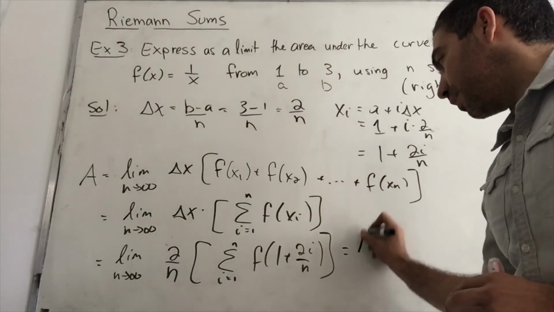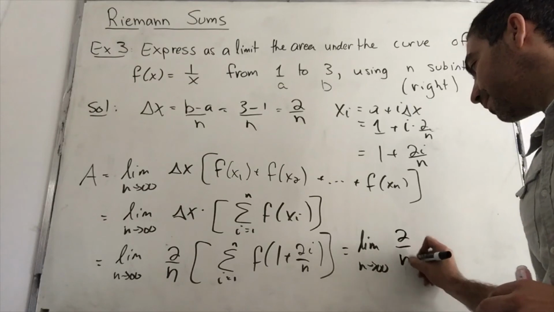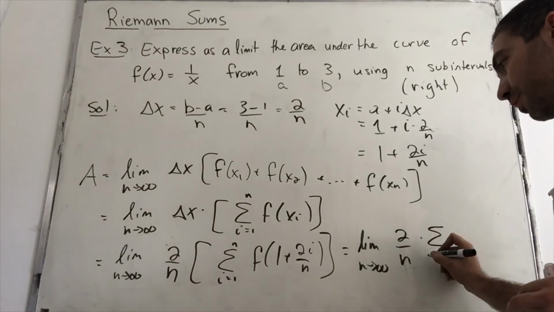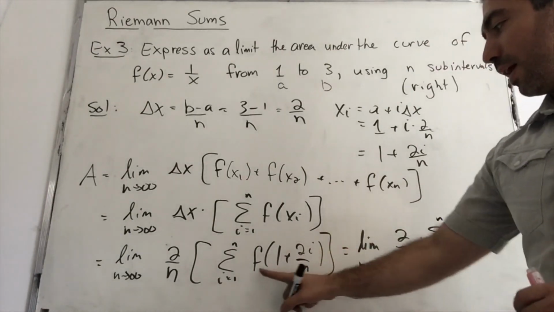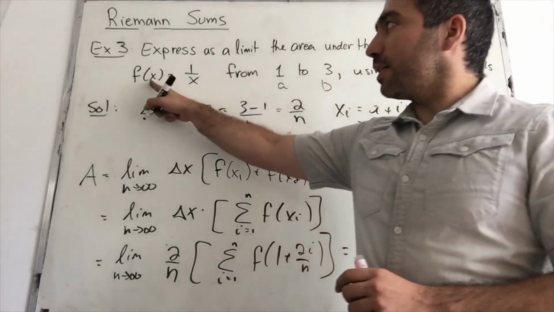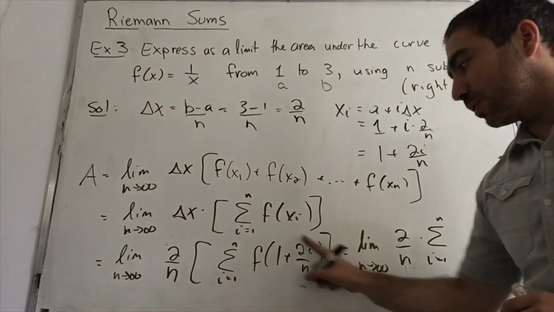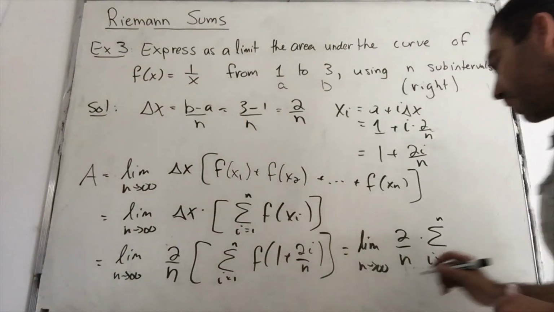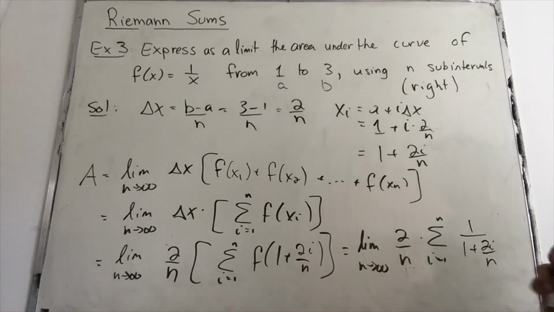So this is equal to the limit as n goes to infinity of 2 over n times the summation i equals 1 to n, and it's going to be f of x. So x, you take whatever x is and you do 1 divided by that answer. What's x? What's in the bracket? We're going to do 1 divided by this answer. So we have 1 over 1 plus 2i over n.